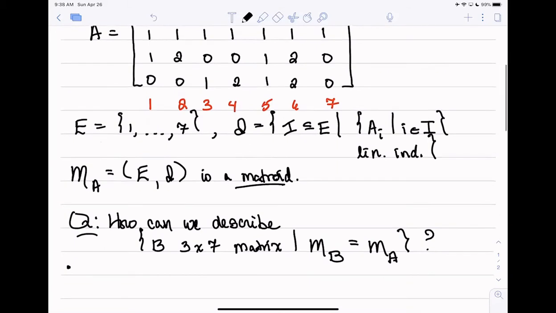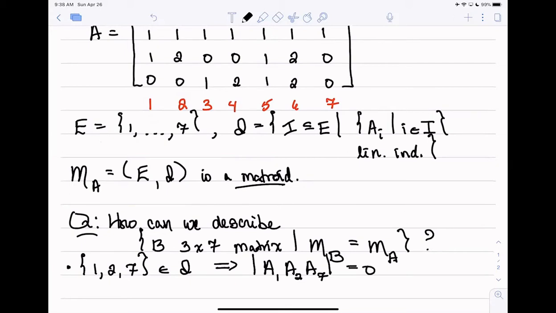So I'm going to say that the set 1, 2, 7 is clearly not in my set of independent sets, okay? Well, what that means, because we all know linear algebra, is that if I look at the 3 corresponding columns, A1, A2, A7, and take their determinant, I'll get 0, okay?